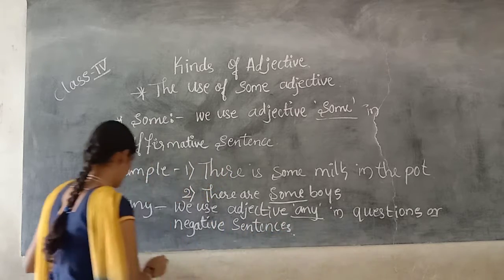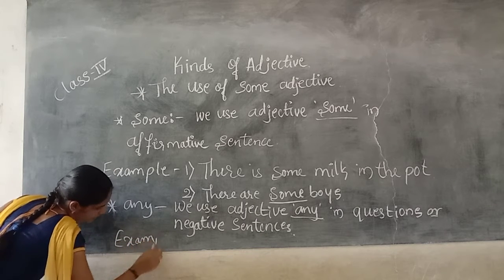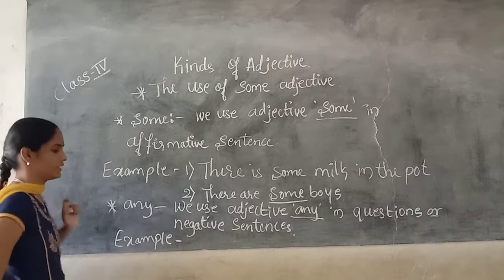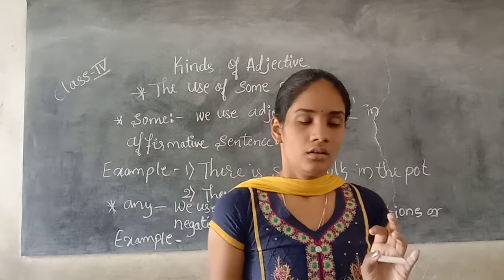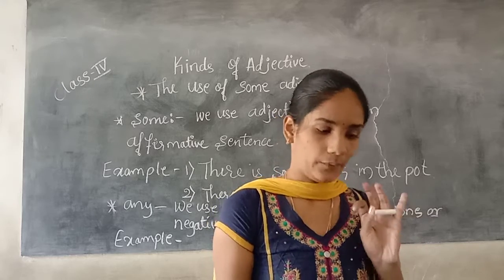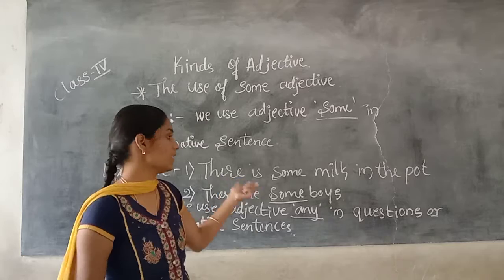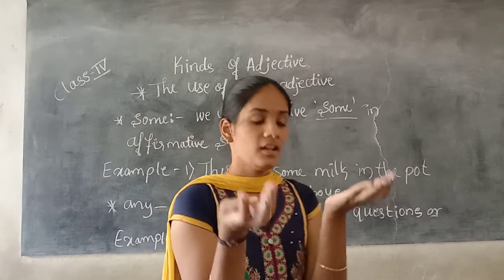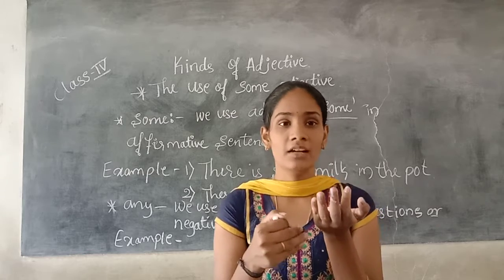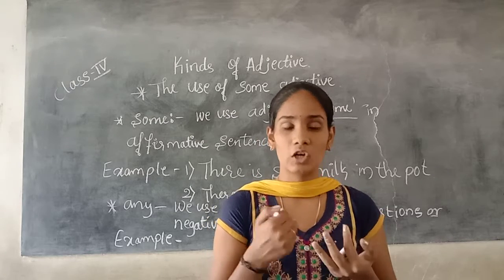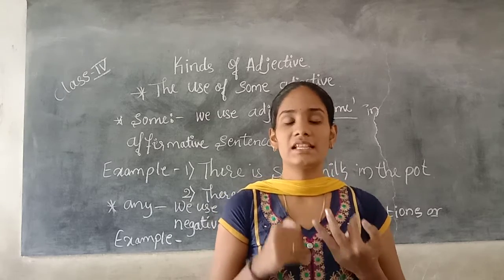Let us have an example of any in a questioning sentence. Let us take the same example: I have a pot in my hand, and we cannot see what is in that pot.